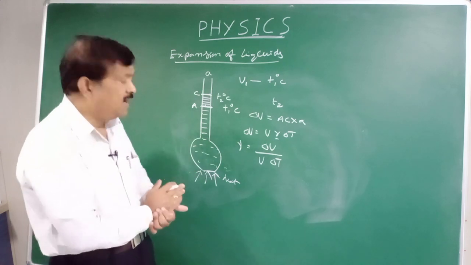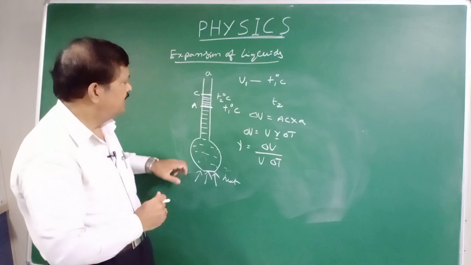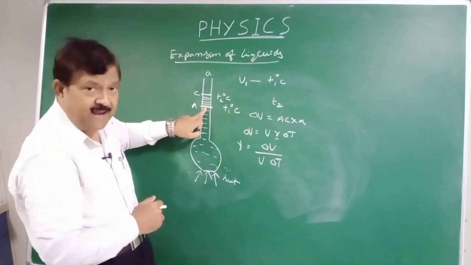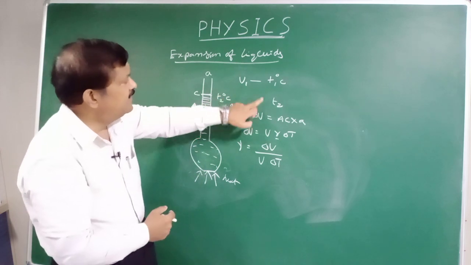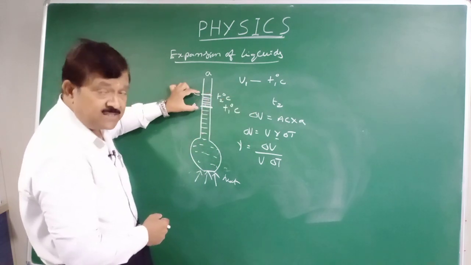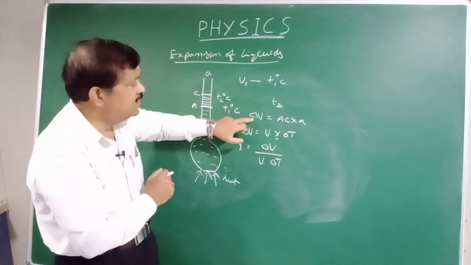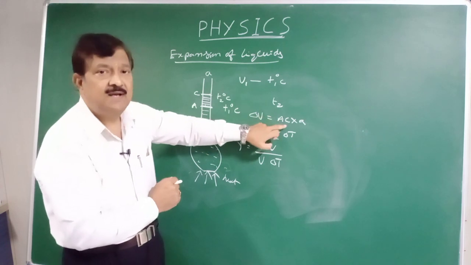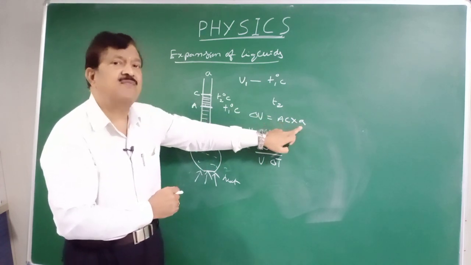Now we have to understand one important point. Initially the liquid level is at A, and finally when the temperature is increased from T1 to T2, the liquid is expanding up to C. Then we said AC corresponds to the expansion of the liquid, and the change in the volume of the liquid, delta V, is the product of the change in the liquid level AC and the area of cross section.